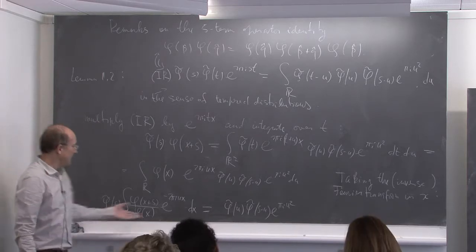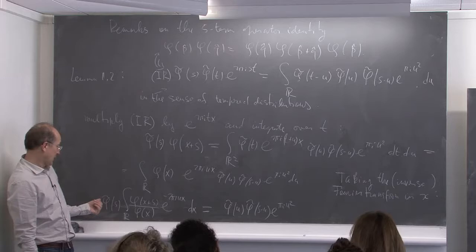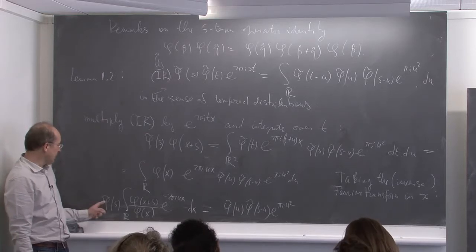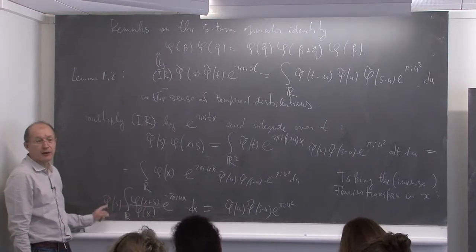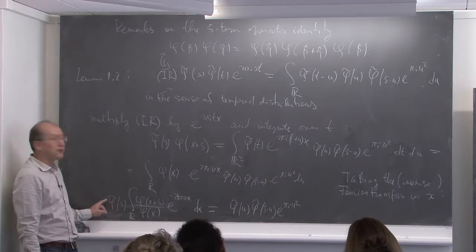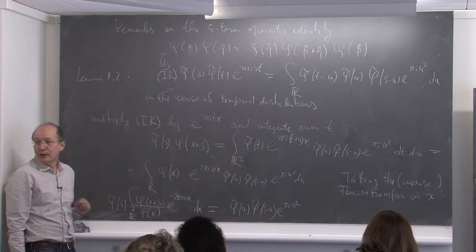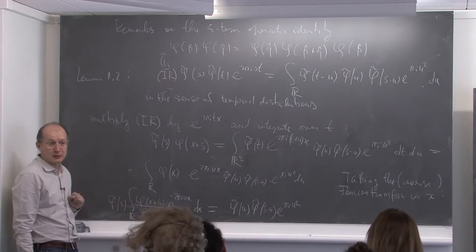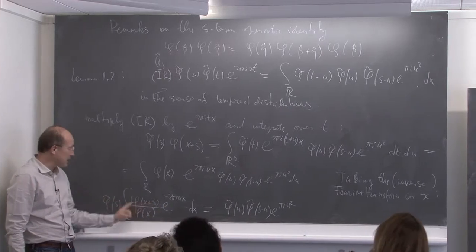So you see, the identity is still a 5-term identity because there are 5 phi's. But there are only 3 phi's which carry a tilde, and 2 phi's don't carry a tilde anymore, so this is explicit.